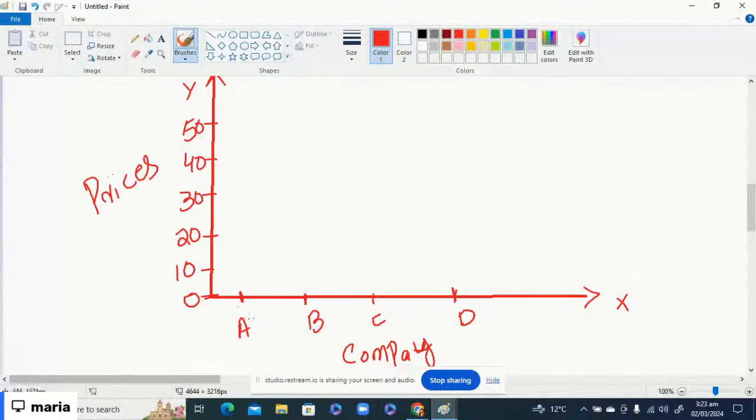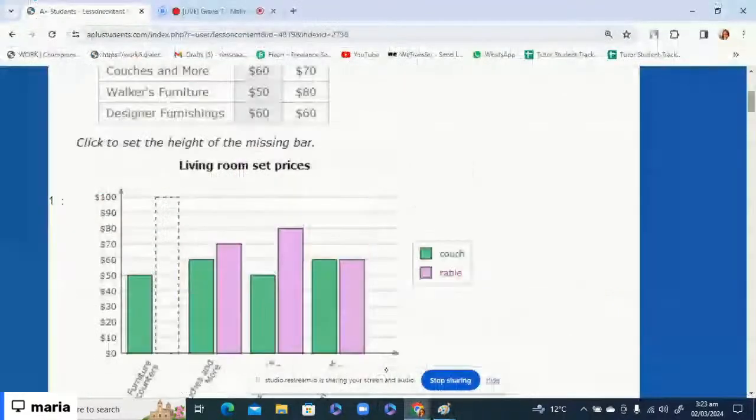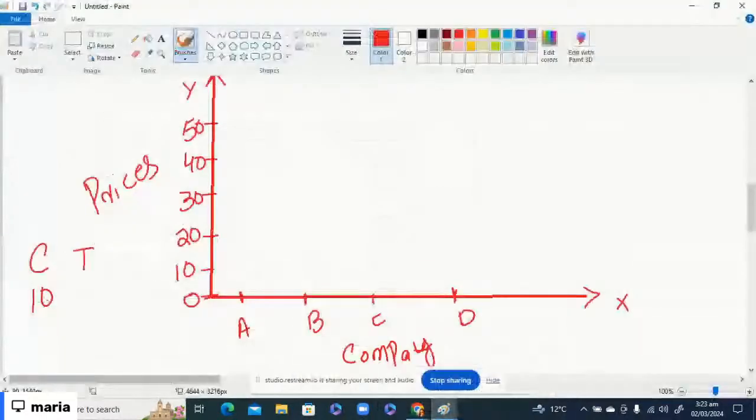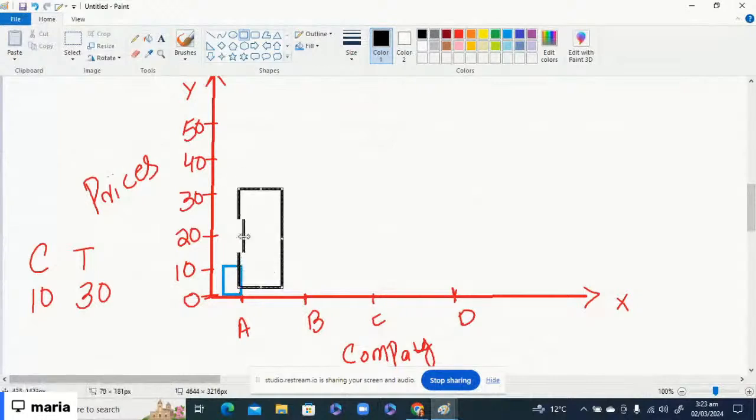For company A, the couch is 10, and the table is 30. You're going to draw the couch here at 10, and for the table, 30. Just match equal distance.